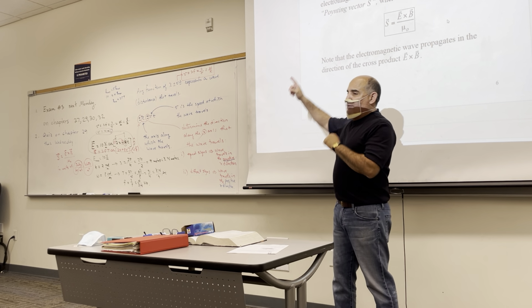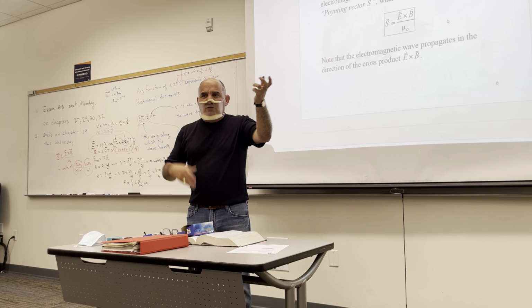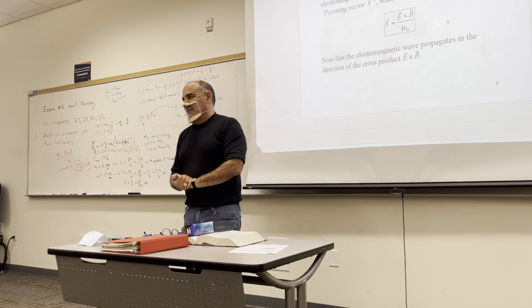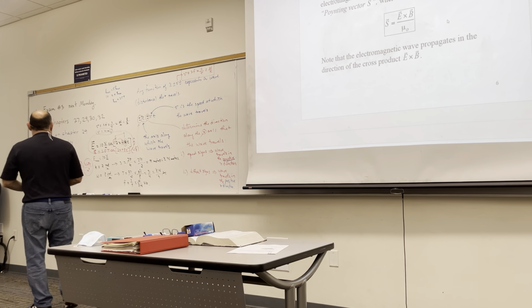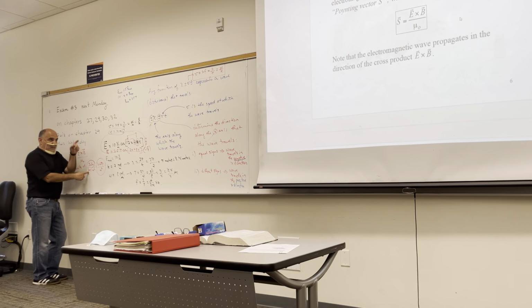Which vector? The Poynting vector. A vector has magnitude and direction. So the average value of that magnitude is the intensity, which is the energy transported by the wave in 1 second through a cross-sectional area of 1 meter squared.